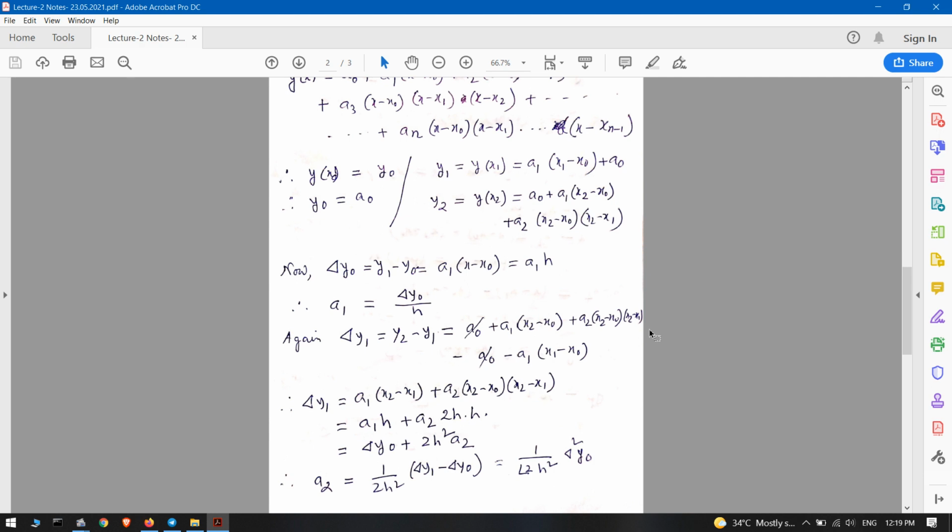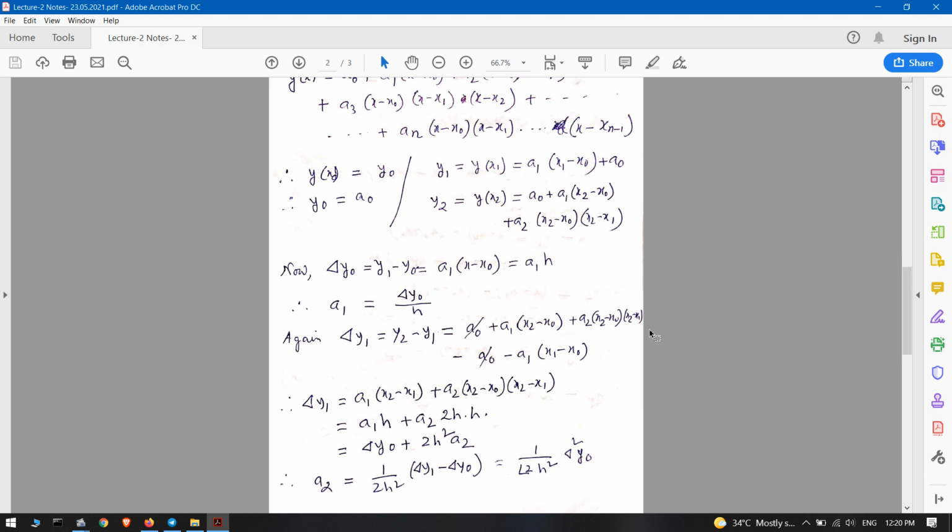Now we have derived this expression in terms of some other parameter, that is p. If required, x equal to x naught plus ph. So we can write x minus x naught equal to ph.